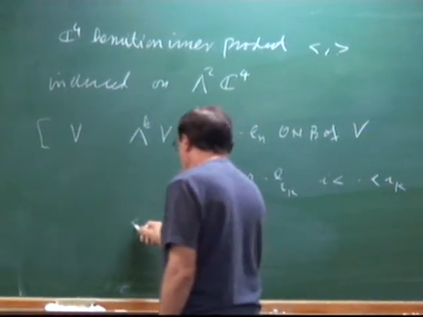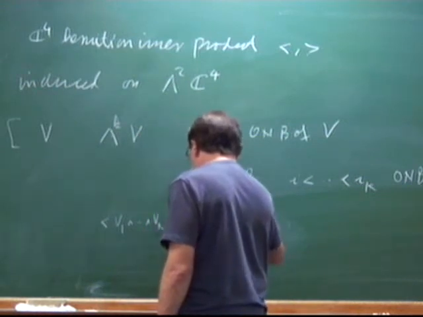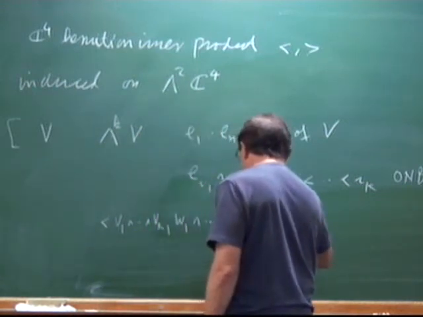Namely, the inner product between v1 wedge up to vk and w1 wedge up to wk.